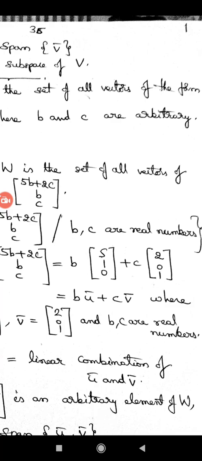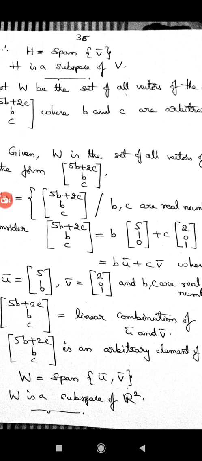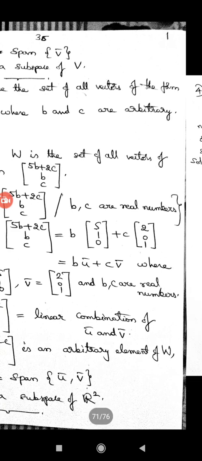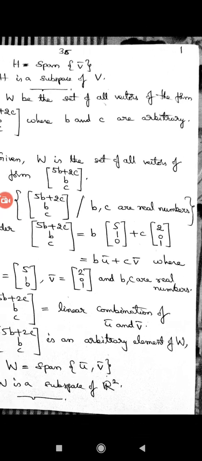So here we can see two vectors. One is (5, 1, 0) and another is (2, 0, 1). I am naming them as u bar and v bar respectively. So that u bar is equal to (5, 1, 0) and v bar is equal to (2, 0, 1), where in b u bar plus c v bar, b comma c are real numbers as it is given in the definition of W in the problem itself.